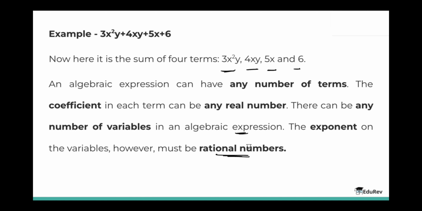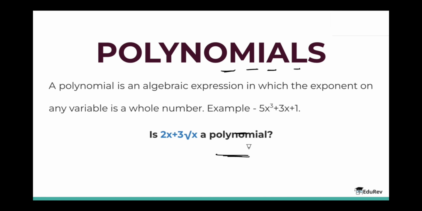Now tell me, how is a polynomial different from an algebraic expression? In an algebraic expression, there are rational exponents. However, a polynomial is an algebraic expression in which the exponent on any variable is a whole number. An example of a polynomial is 5x cubed plus 3x plus 1.